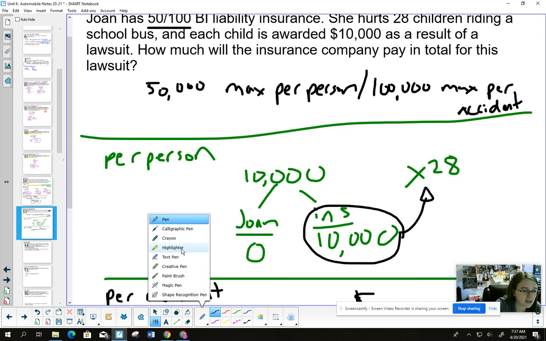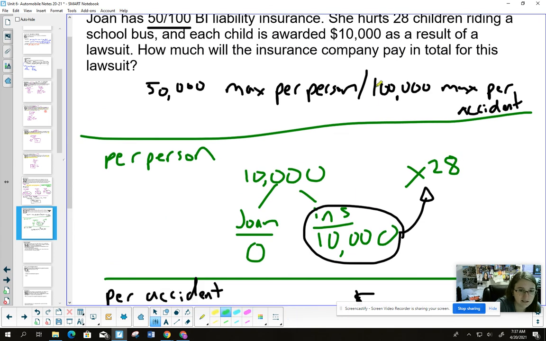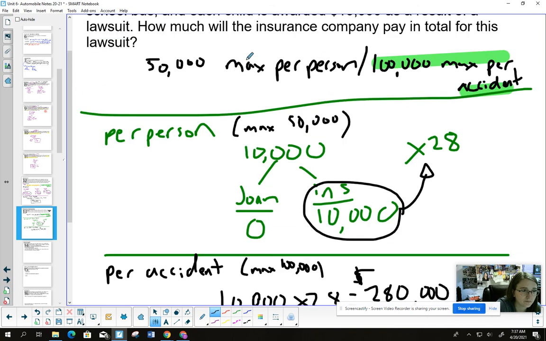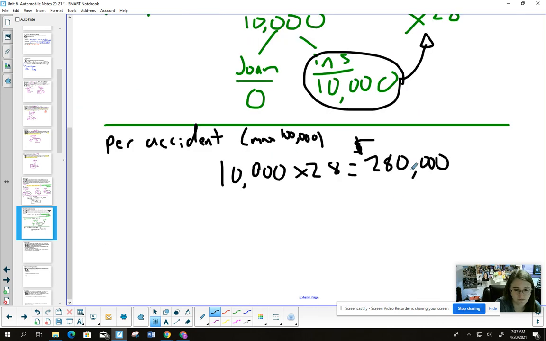The most the insurance company will pay for the accident is $100,000. So I'll jot that down. Max $100,000 because this is the accident. Here, the max was $50,000 per person, right? Here it's $100,000. Will the insurance company pay for all of this?